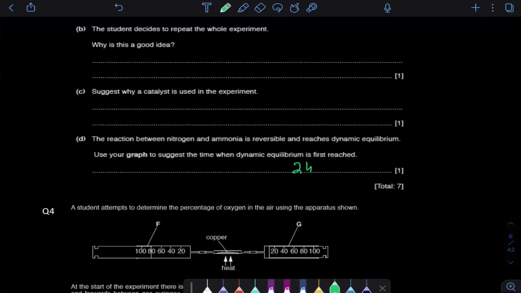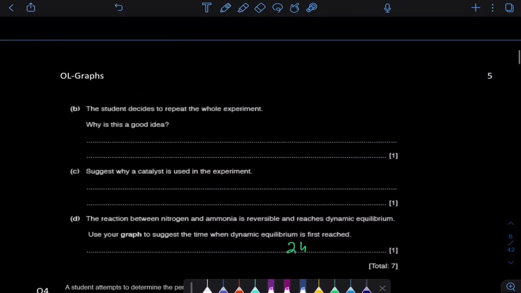Can you write increased reliability? I'm assuming आप इस क्वेश्चन की बात कर रहे हो. Increased reliability is a little vague. How is the reaction more reliable just because you repeated it? You might want to offer a little bit of explanation on that. I'm not saying it's wrong.